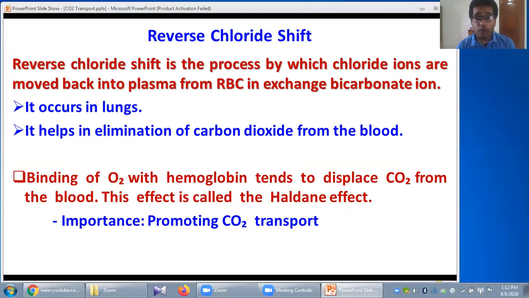So Bohr effect helps in the transport of oxygen, but the Haldane effect helps in the elimination of carbon dioxide. So that is the different importance of Haldane effect and Bohr effect. Chloride shift happens in the tissue capillaries, reverse chloride shift happens in the pulmonary capillaries.